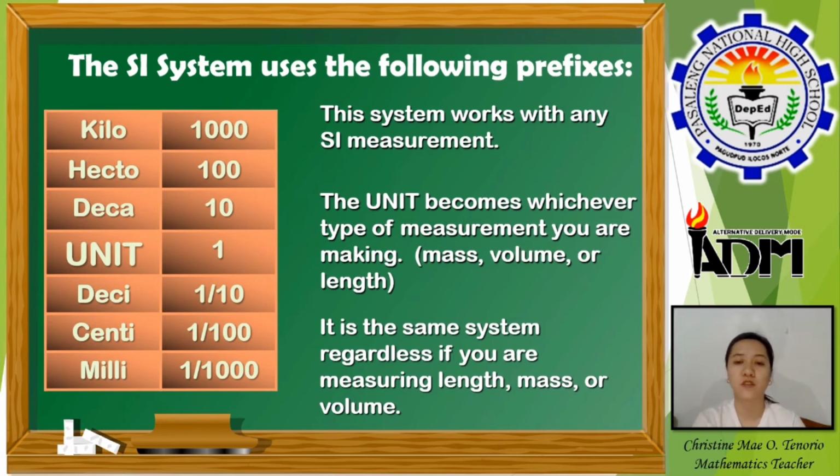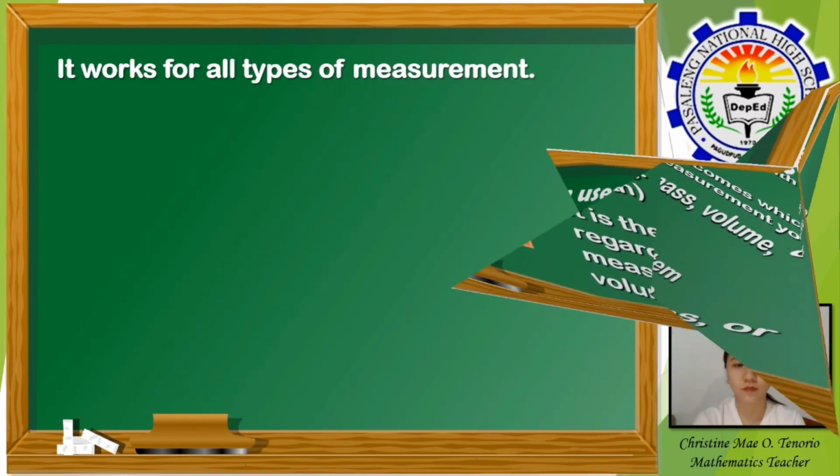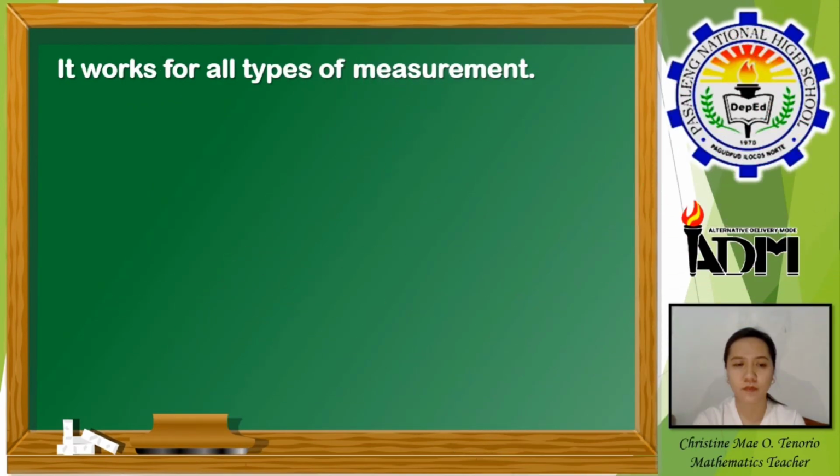Yung mass natin is for gram, volume is for liter, and then length is for meter. And then it is the same system regardless if you are measuring length, mass, or volume. It works for all types of measurement.